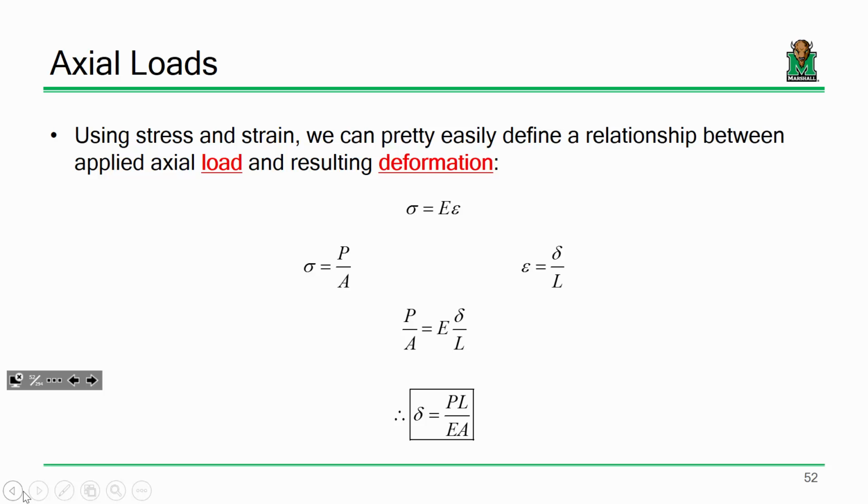The idea is that if stress and strain are related through this constant E, and if we assume everything's linear, which more often than not we'd like everything to be linear in all our designs, we know that stress is force over area. We know that deformation is change in length over original length, so we can directly relate load and deformation. And that helps out a lot when we're in design, okay?